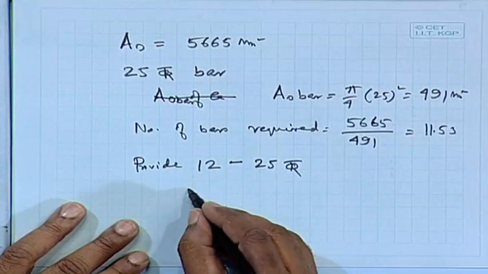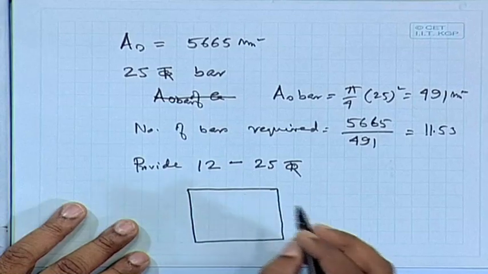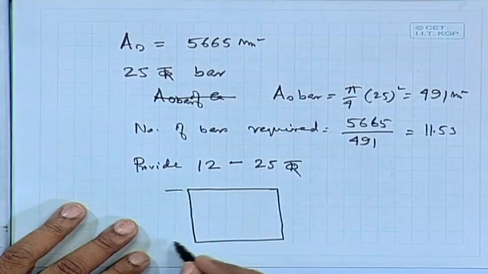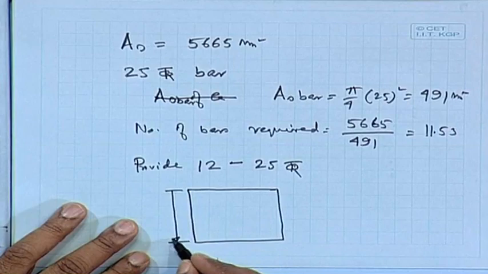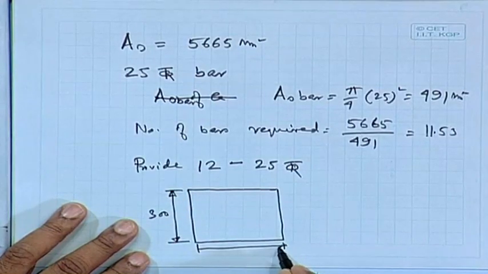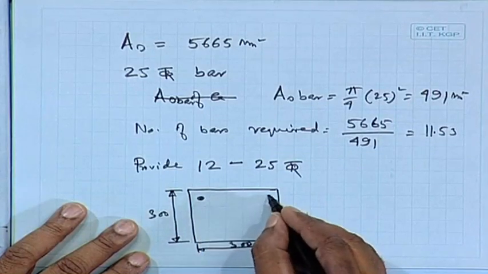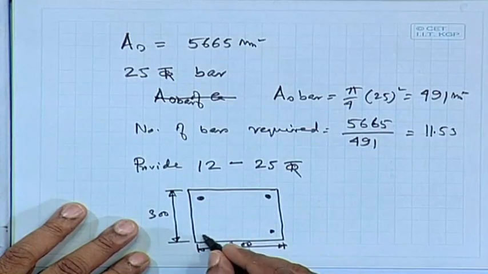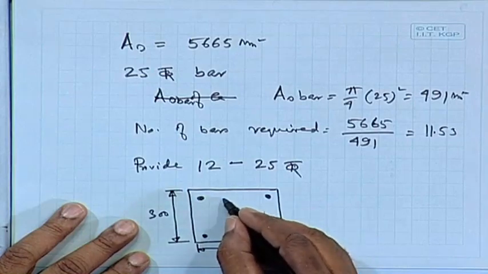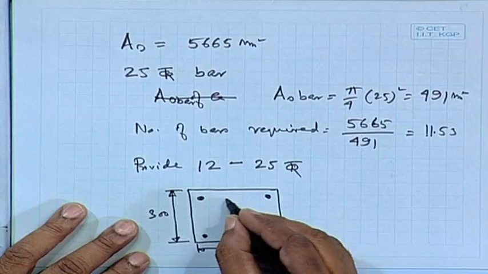It means this is a section, this is 300, one, 2, 3, 4 corner, 5, 6, 7, 8, 9, 10, 11, 12. So, each side 2 more.